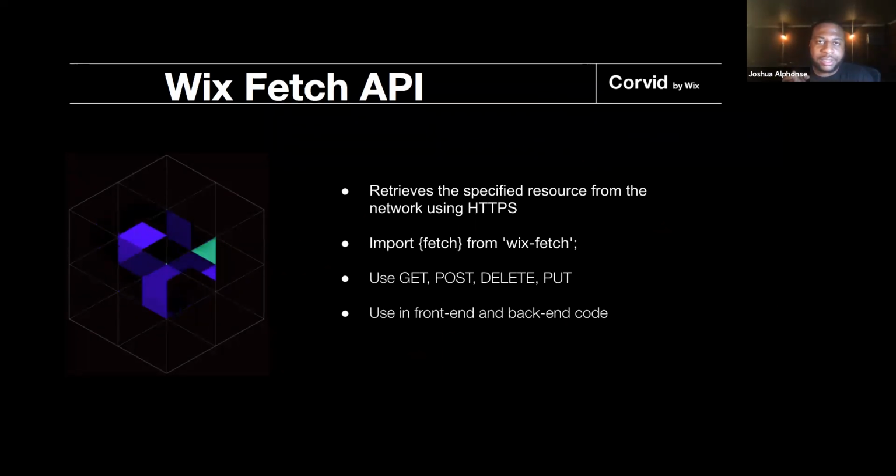You can use get, post, delete, and put. You can use the Wix Fetch API in your front end and your back end code. So even if you're using an API that doesn't require an API key and you don't mind other users being able to see your code, you can fetch from your front end if the API isn't something that needs to be secret.